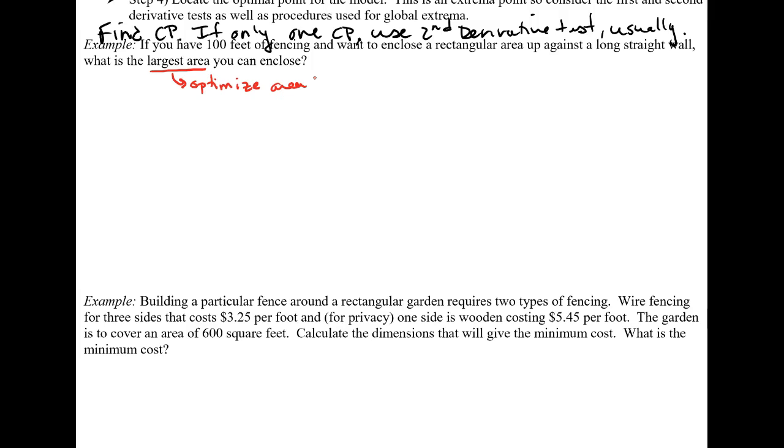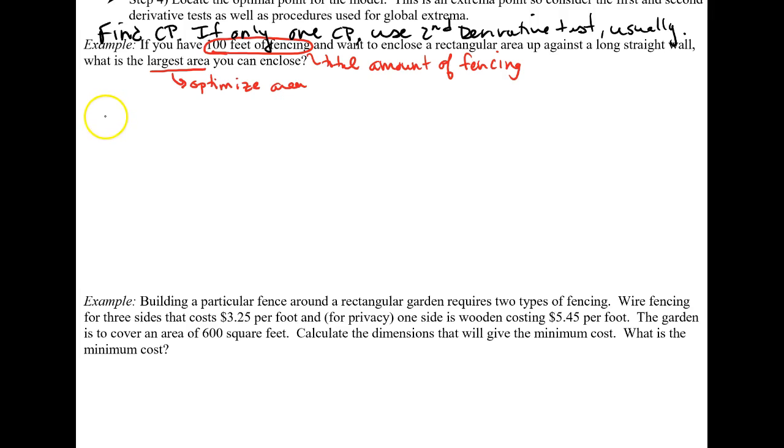What else do I know? That I have 100 feet of fencing, that's the total amount of fencing, right? Going to put that down. So that's the total amount of fencing, and it's a rectangular area. So let's draw what's going on here first.